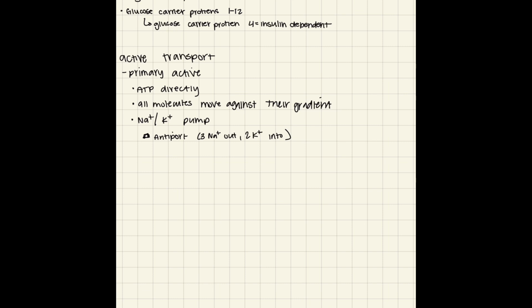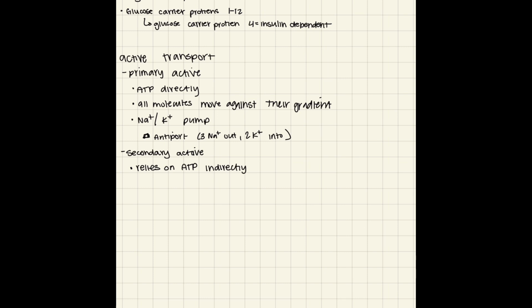The other kind of active transport is secondary active transport. In secondary active transport, we are not directly using ATP. However, it's still active transport because it relies on the kinetic energy that we're creating from pumping molecules using ATP. So this relies indirectly on ATP.